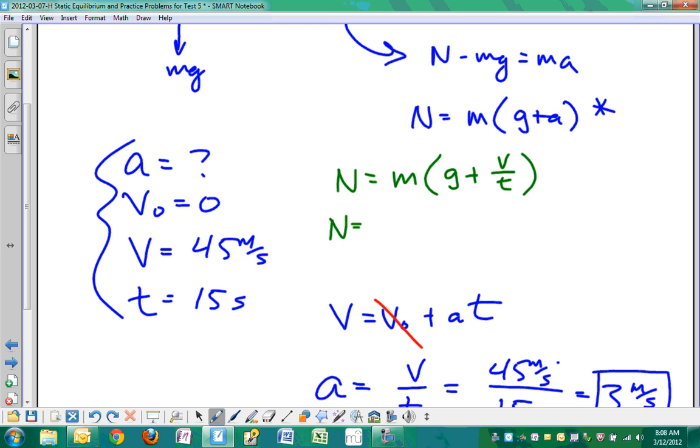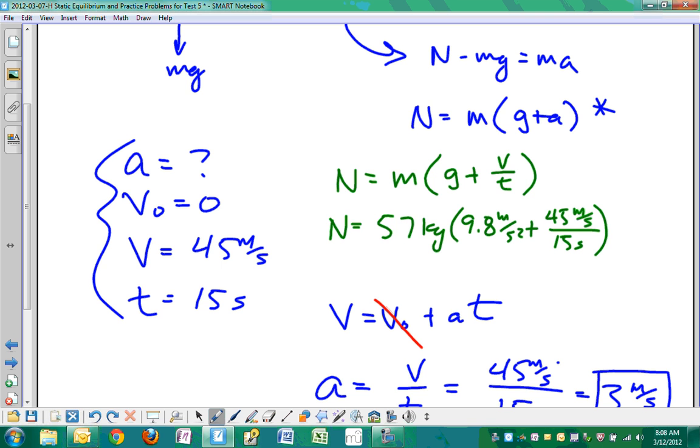But normal force is equal to, what was it, 57 kilograms times 9.8 meters per second squared plus V, 45 meters per second over 15 seconds.